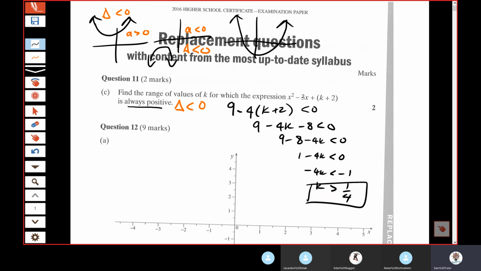Minus b, plus minus square root, b squared minus 4ac. That is your discriminant inside the square root. So b is 3, squared, minus 4 times a, which is 1, times c, which is k plus 2. b squared minus 4ac.